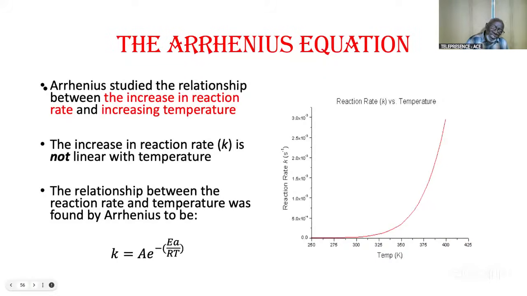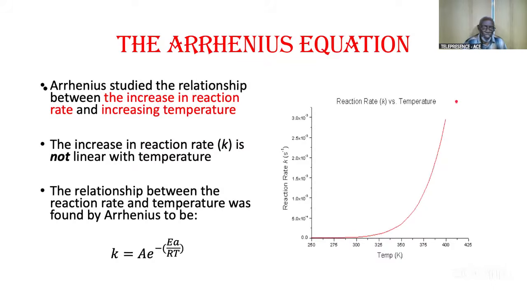As the temperature increased, the reaction rate increased. The increase in the reaction rate, K, is not linear with temperature. You can see it over there. It's not a linear relationship.